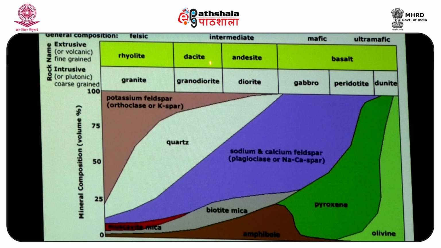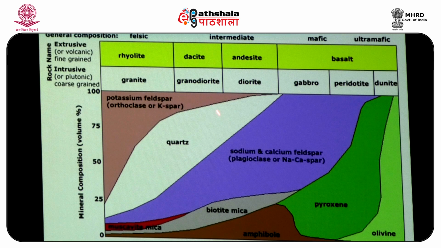rock. So, this will have, as you can see, the amount of orthoclase will be lesser, and then you see andesite, the amount becomes even lesser for this, and also the amount of quartz will be lesser compared to granite in the granodiorite and dacite, or diorite and andesite.